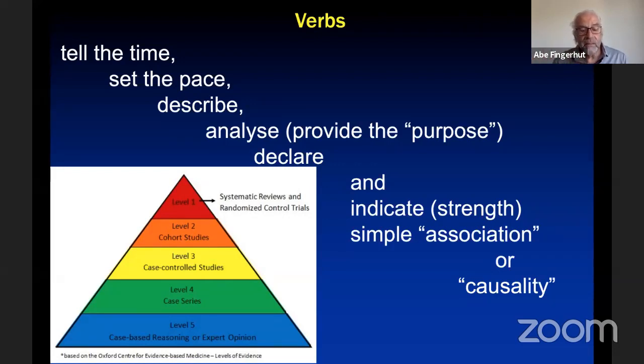And going back to the basics of why we should use declarative verbs only for causality, it means that we look at the level of evidence and how that evidence was found. The only way that we can talk about causality is when we have had a randomized controlled trial that has shown without any doubt that there is a relationship between what we did and what we found. I hope this message comes through. I'll talk about it again.